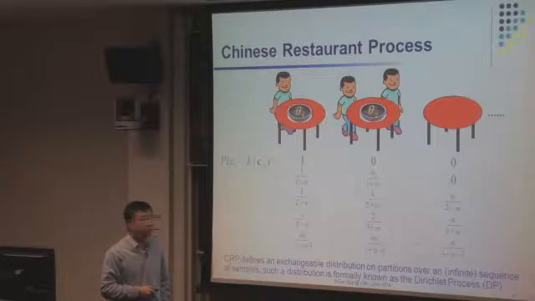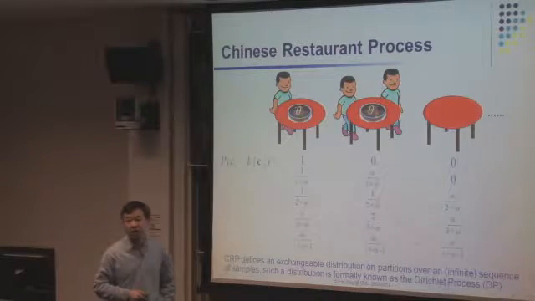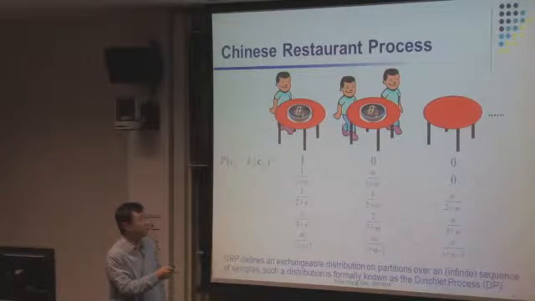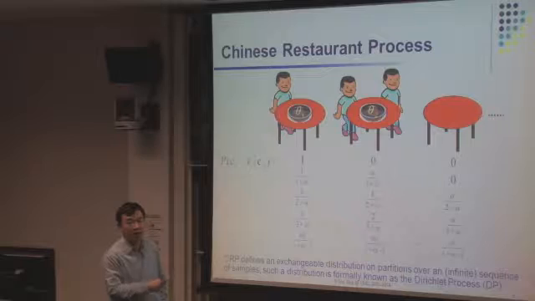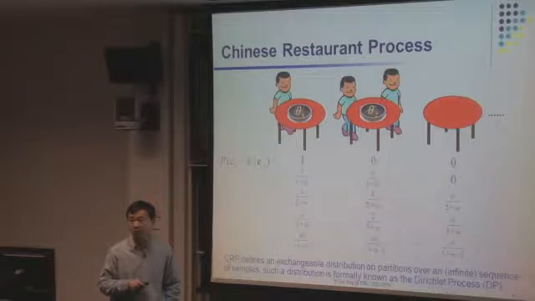We are not really talking about how different customers can be different from each other. We only record the fact that they are choosing the same table, right? So this is not yet enough to model a distribution of the customers. It's only modeling the distribution of how customers are grouped, but not the customers themselves.